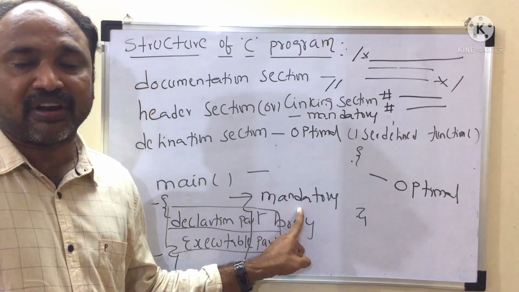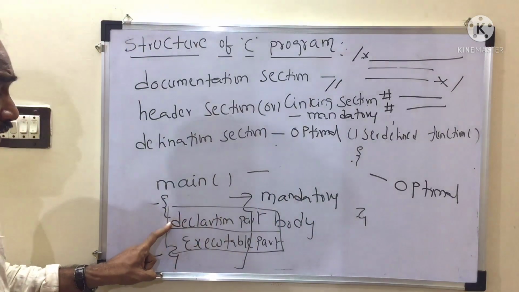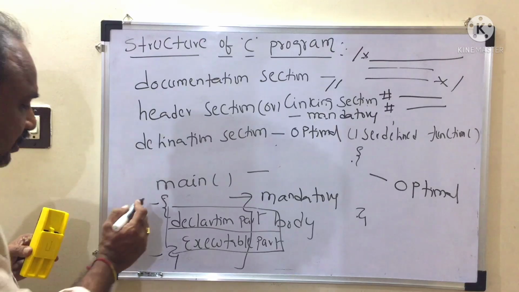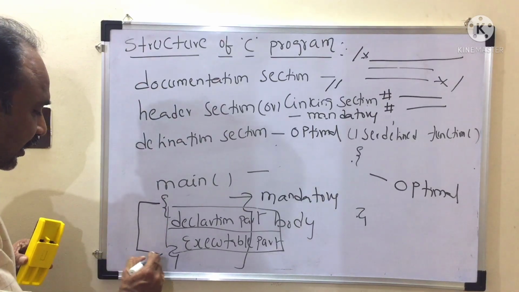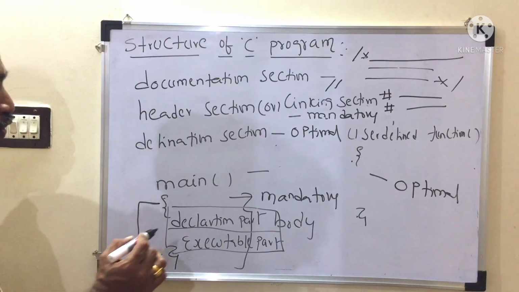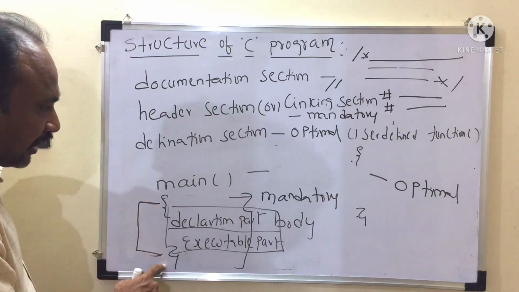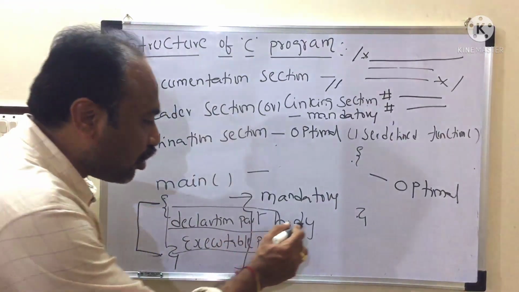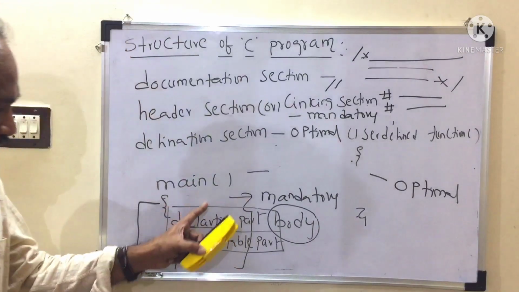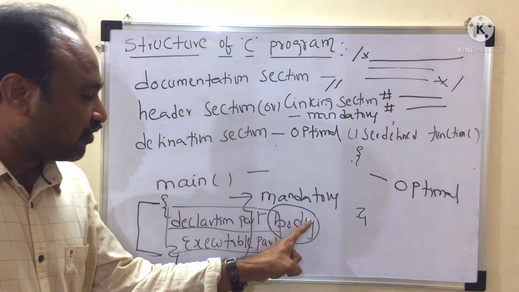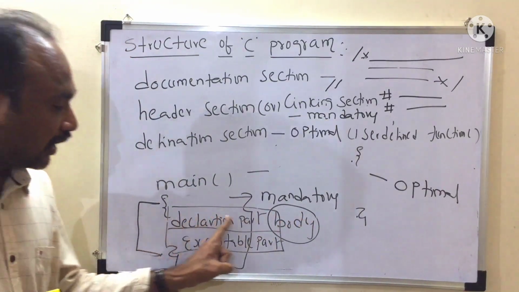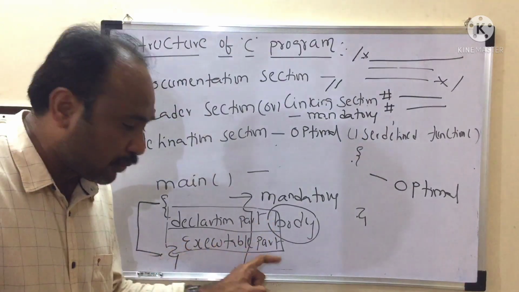So it is compulsory. Next, this is called the starting of the program. This is called the end of the program. The statements located between start and end are commonly called the body part of a C program. Body part is divided into two parts: declaration part and executable part.